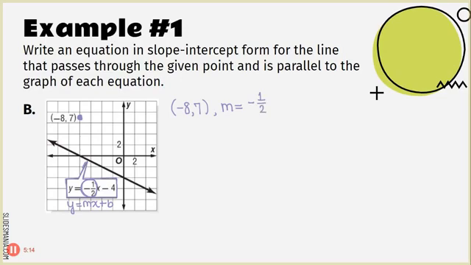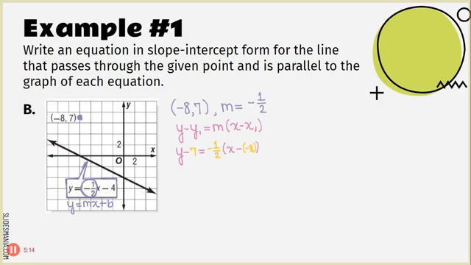And we're going to substitute our given information into the point slope form, which is y minus y1 equals m times x minus x1. And so I leave my y alone, so it's y minus, and then the y value of my ordered pair is 7, equals my slope, which is -1/2, times x minus the x value of my ordered pair, and my x value is -8.